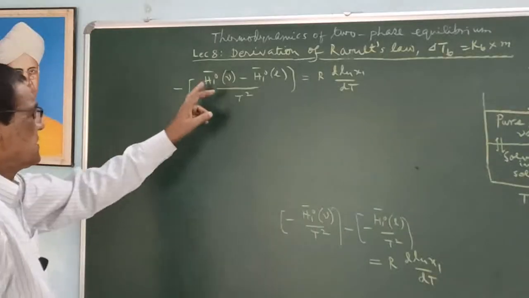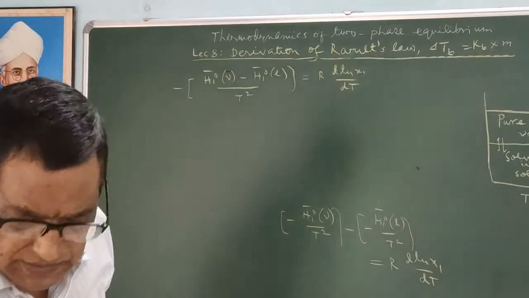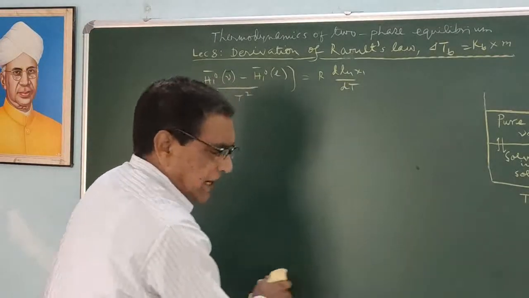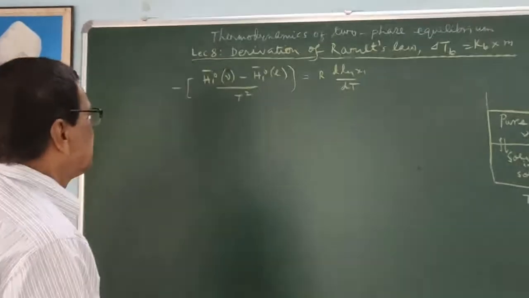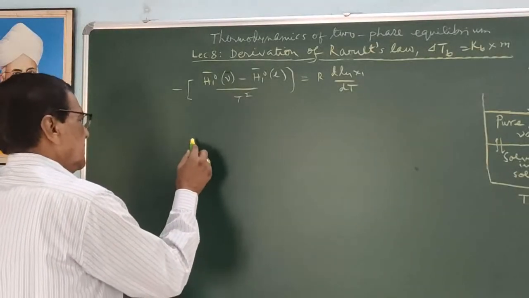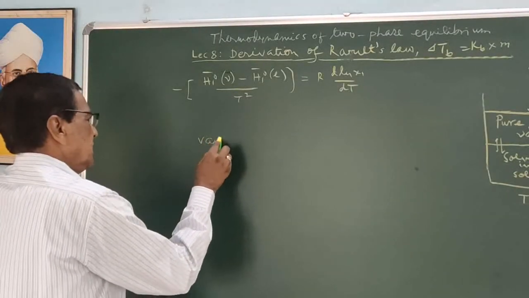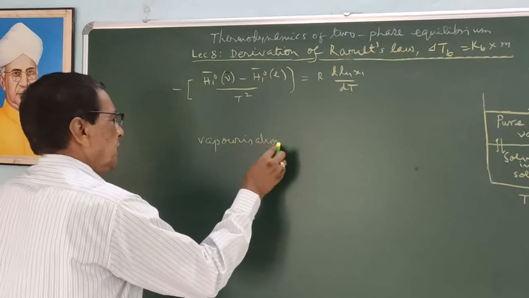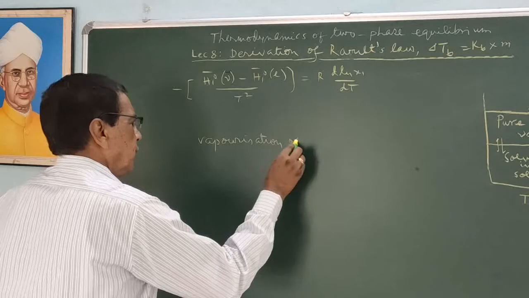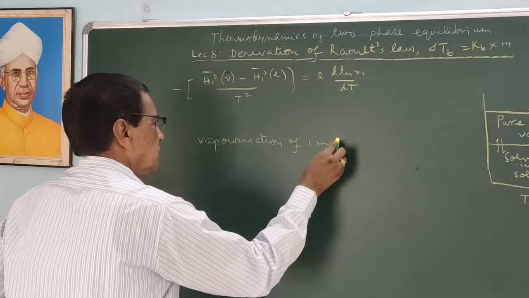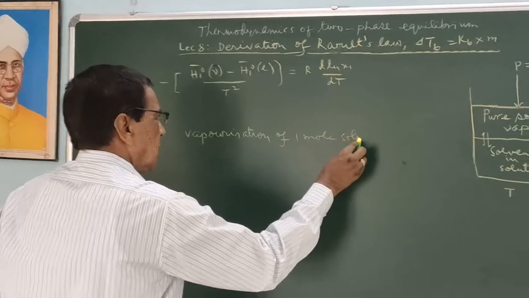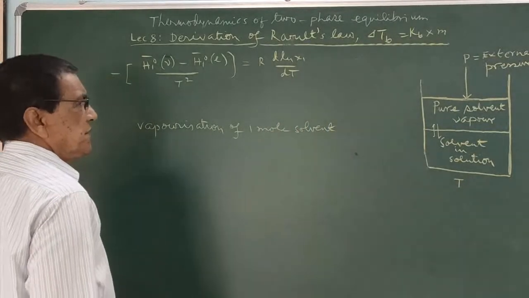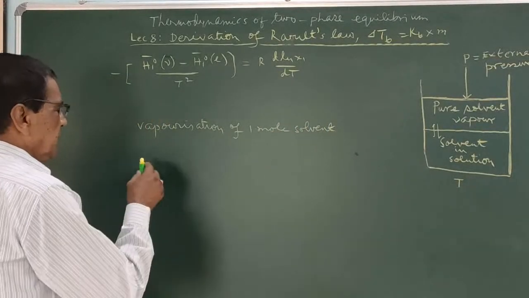So this numerator gives the molar latent heat of vaporization. We are considering the vaporization of 1 mole of solvent under the temperature T and pressure P.